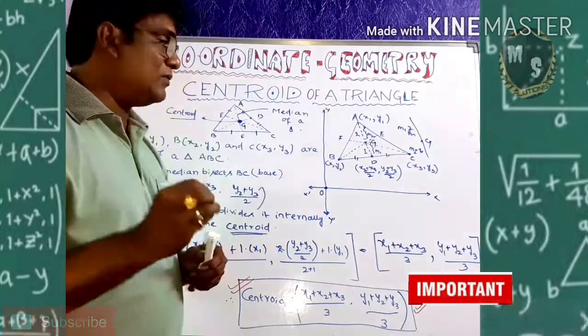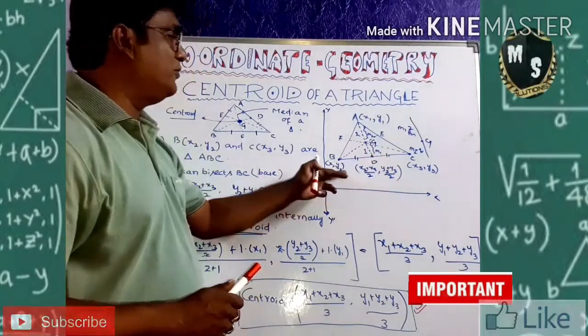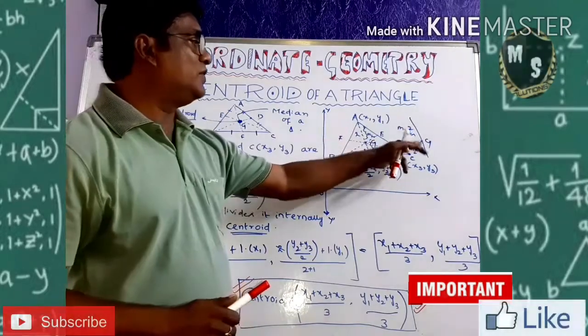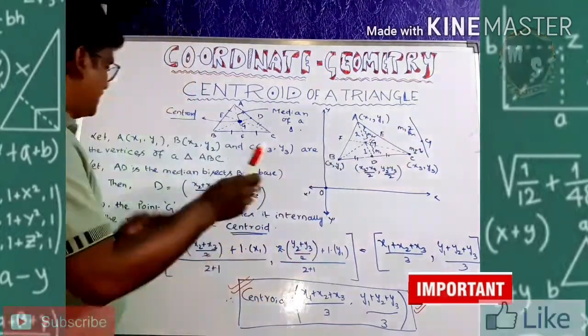I hope you understood how you find the D coordinate and how the centroid divides the median in m1 and m2. Now see, I am doing it.